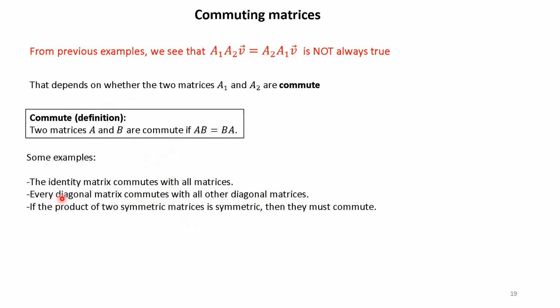And every diagonal matrix commutes with all other diagonal matrices. In fact, this is also not difficult to prove. You can actually try yourself. And also, if the product of two symmetric matrices is symmetric, then the two matrices must commute.